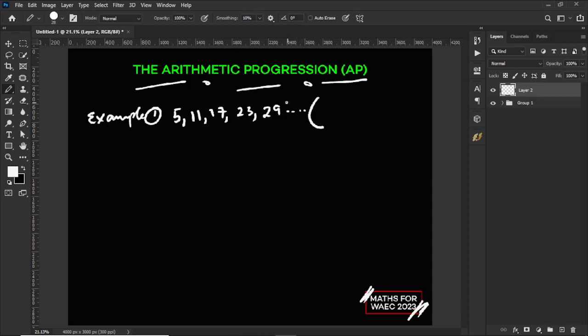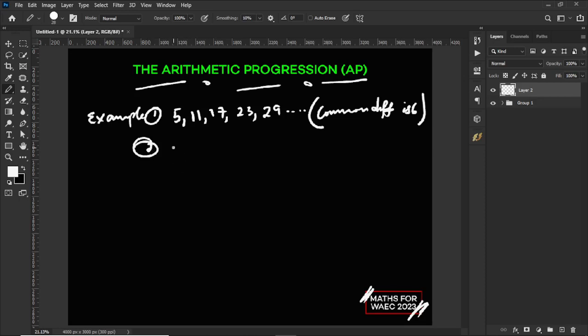If you look at the difference between them, they are increasing by 6. So that means their common difference is 6.